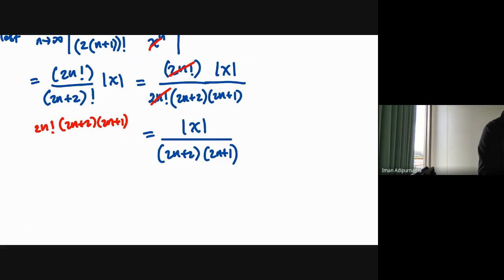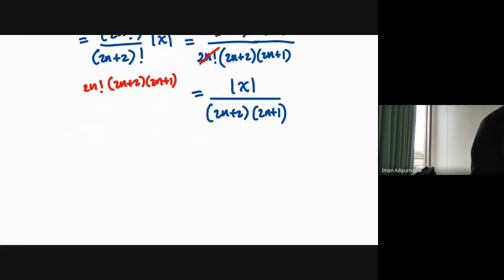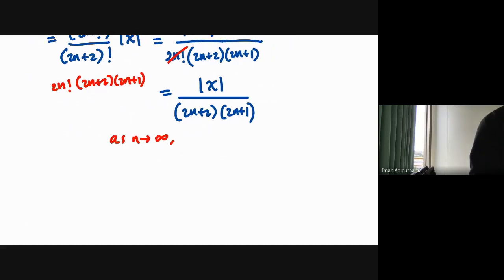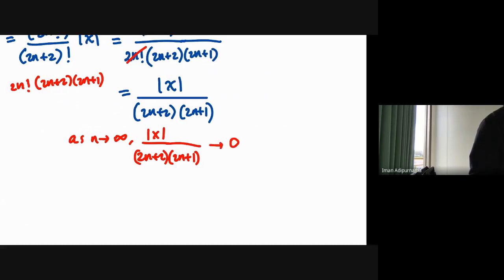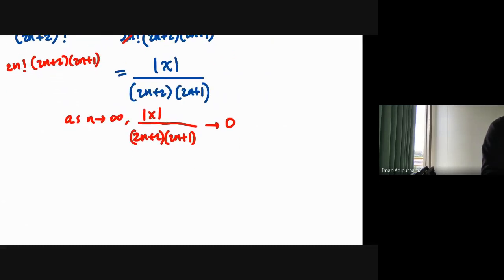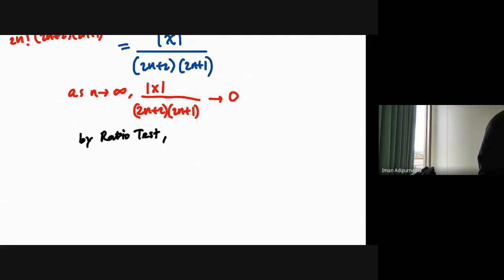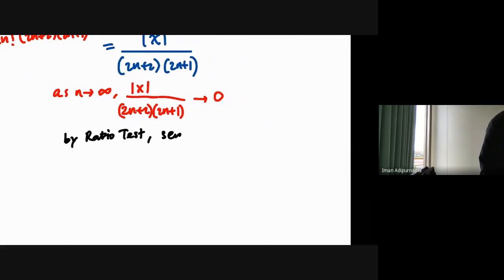Now, as n approaches infinity, x will also be going, it's going to be 0, right? So what will happen? So by the ratio test, the series converges for all x. Okay.